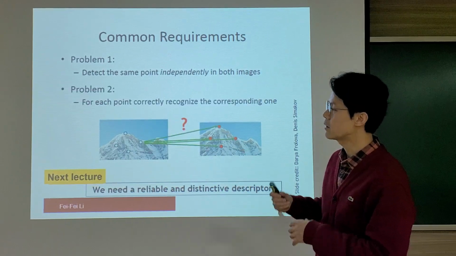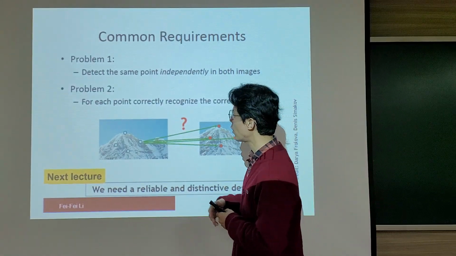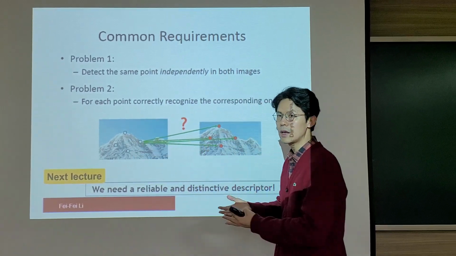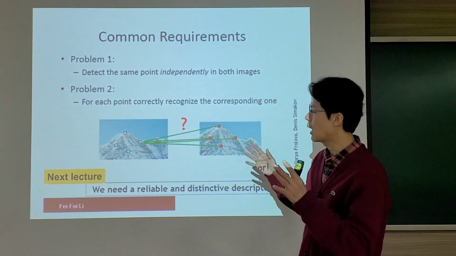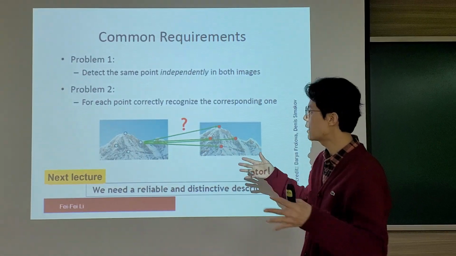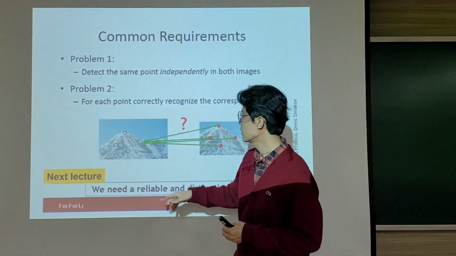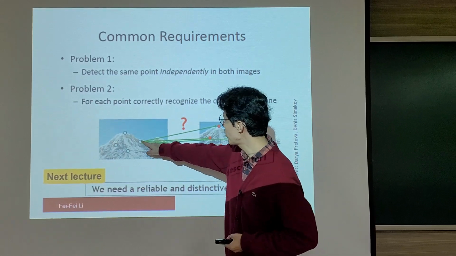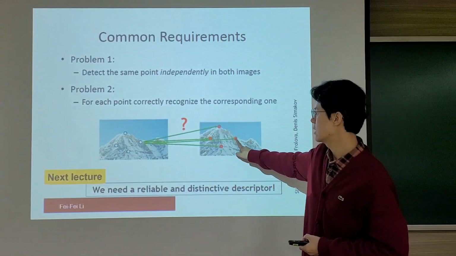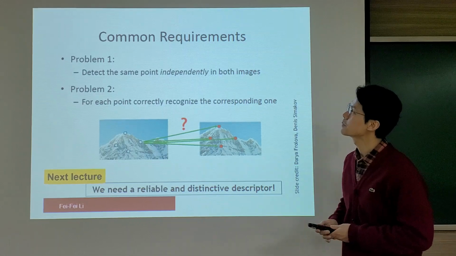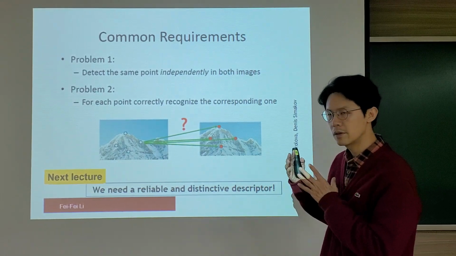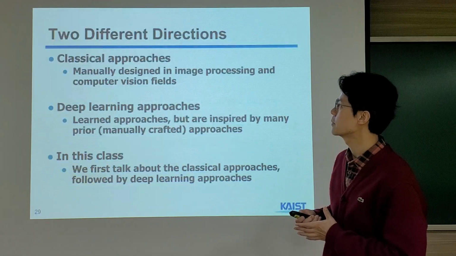And then we need to encode the surrounding patch, and based on that information, we need to identify the corresponding point. In this case, we need to match this point to here, not the other ones, right? These are some common requirements for image descriptors.